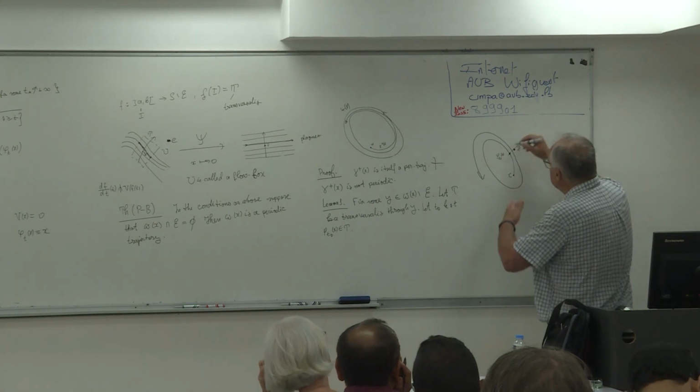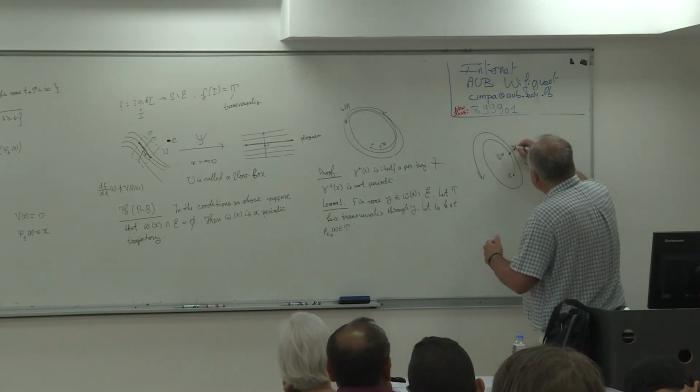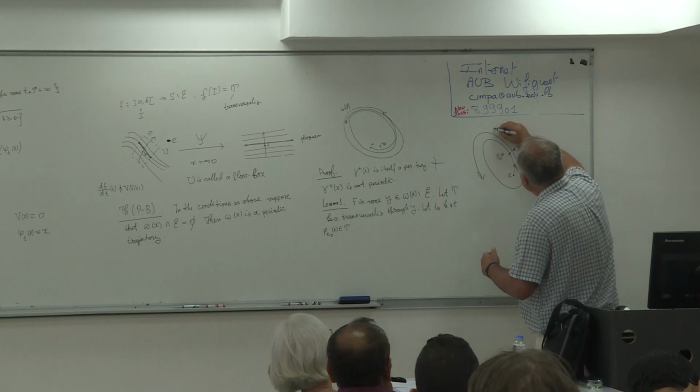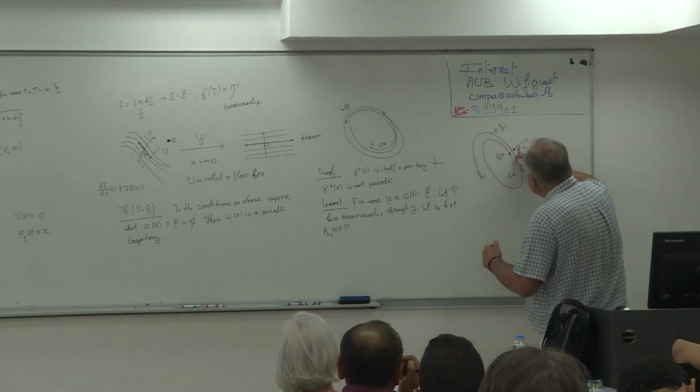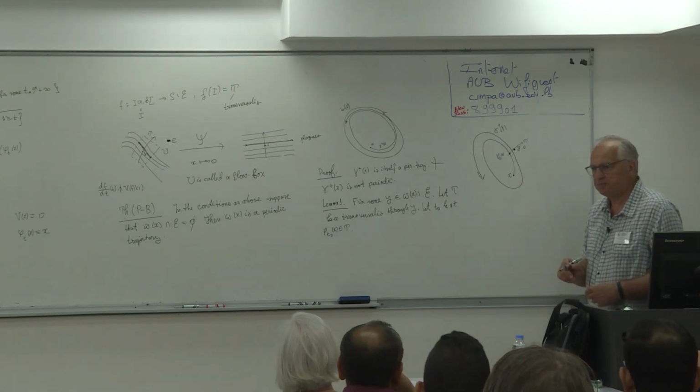This is the trajectory gamma plus of x, and this trajectory has y in its limit set.